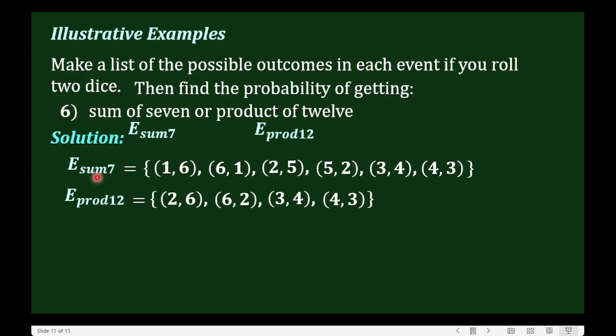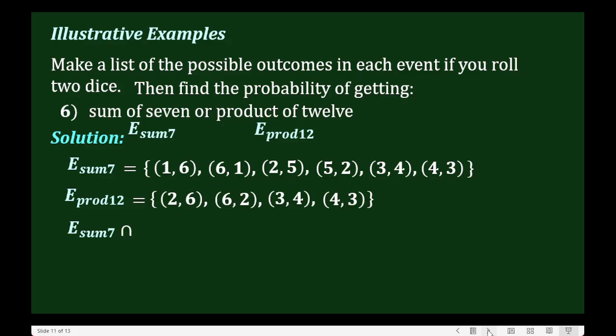So we have 2 events. Let us determine whether these 2 events are mutually or not mutually exclusive. So let us identify if there are some elements that are present in both events. And we identify that they have common elements of 3, 4, and 4, 3. So that is their intersection.